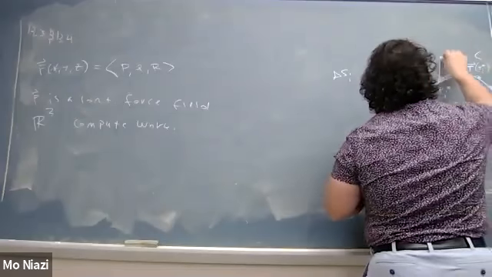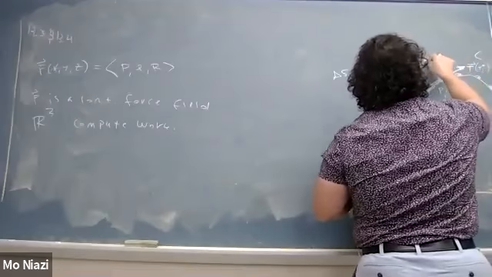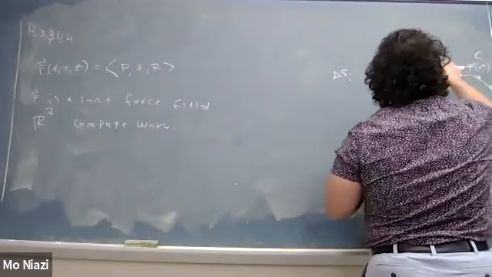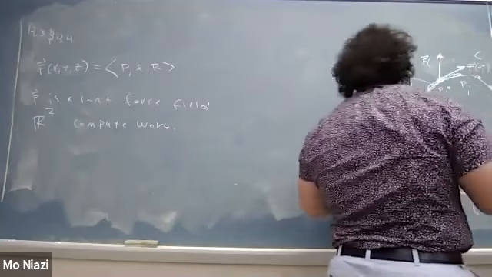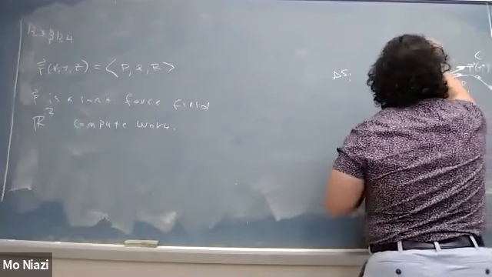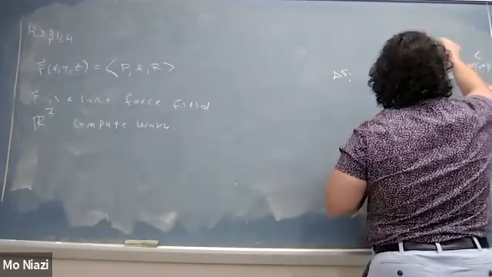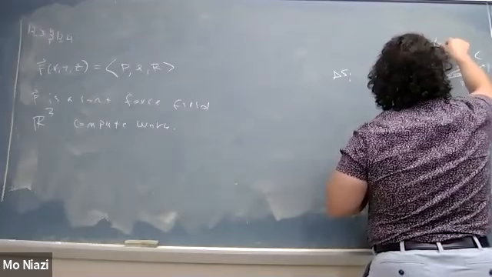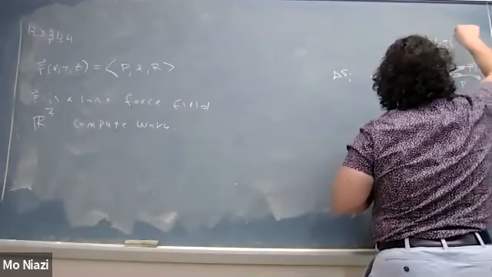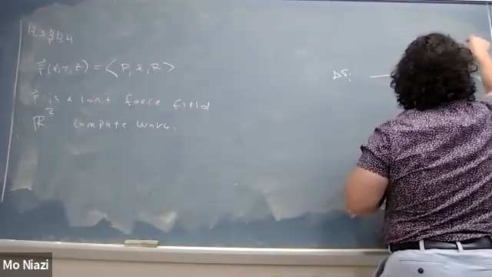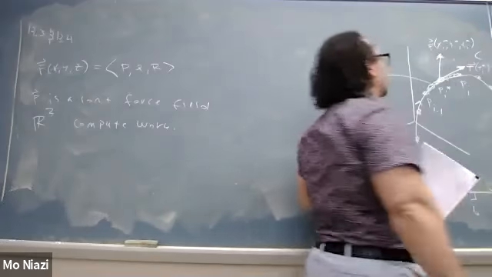And over here, here's our force vector, F of x i, y i, and z i. So this is F evaluated at x i star, y i star, z i star.